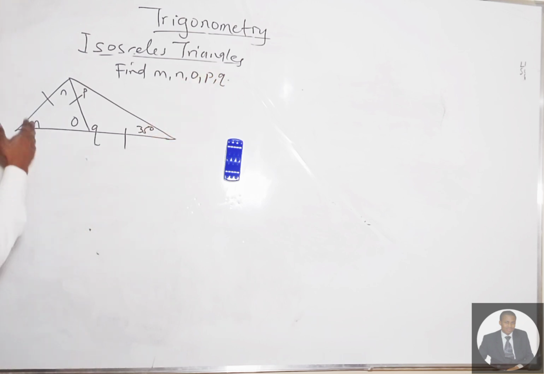We have a mother triangle that is divided into two, and then this is an isosceles triangle.